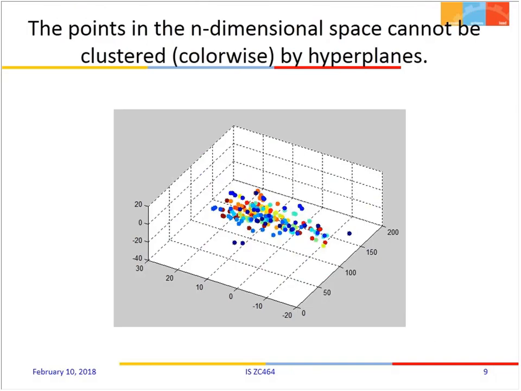Now let us look at this point. Here it is so much cluttered. If you download that ORL face data, you will see that if you plot all 40 persons' classes, all 40 persons' features in 3-dimensional space, they will be as cluttered as this.